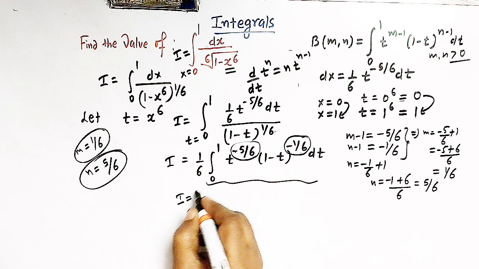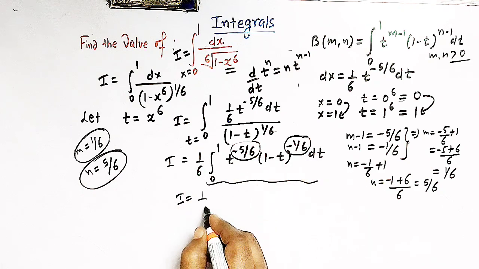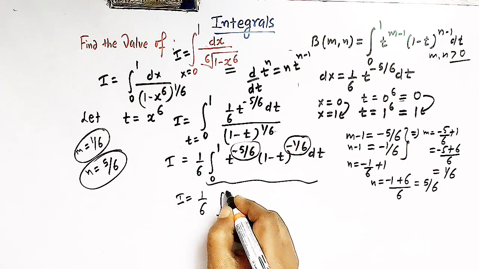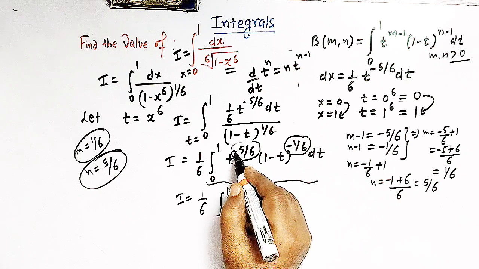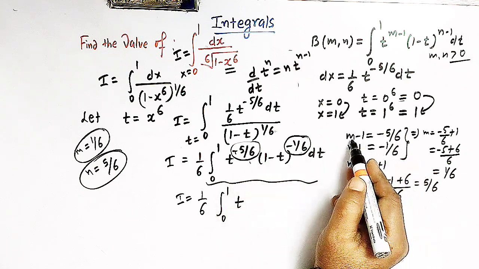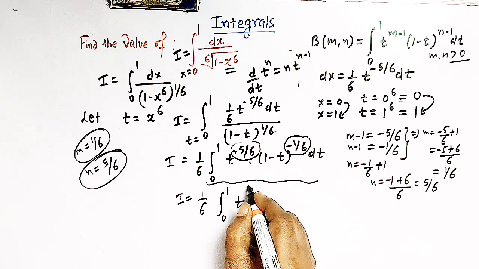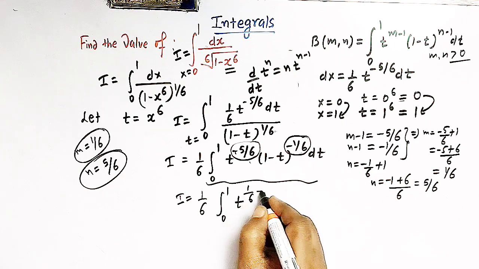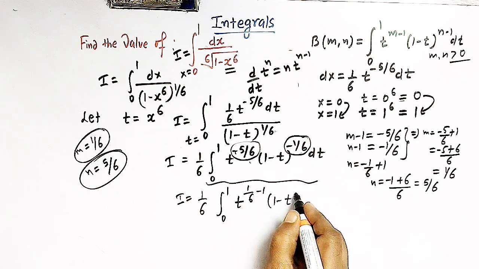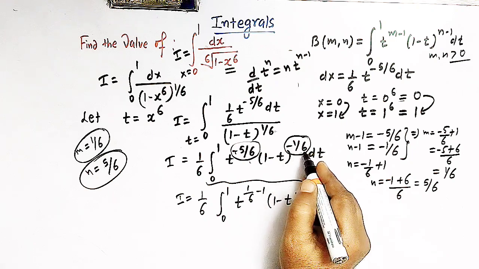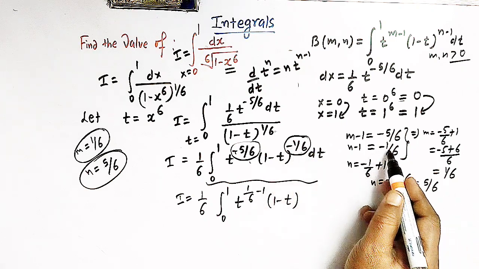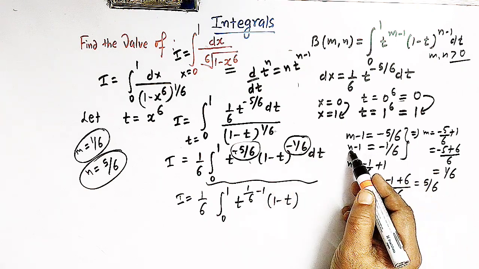So now we can write this integral as 1 over 6, 0 to 1, t raised to minus 5 over 6, which is m minus 1. So we have m is equal to 1 over 6. So 1 over 6 minus 1, and here we have 1 minus t raised to minus 1 over 6. So minus 1 over 6 can be written as n minus 1.